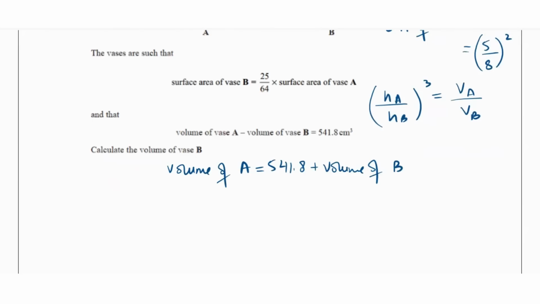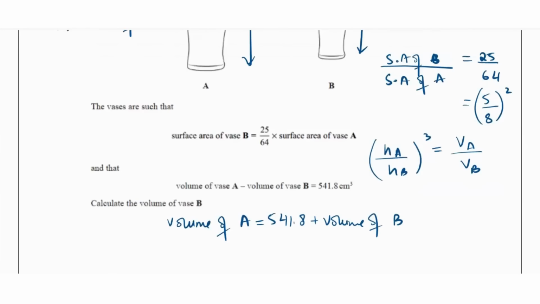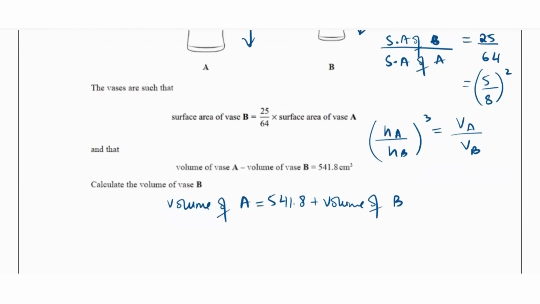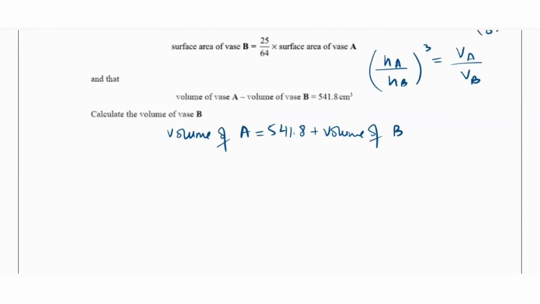So using our heights, 8 for A and 5 for B, height of A over height of B cubed equals volume of A divided by volume of B. Volume of A is 541.8 plus volume of B.